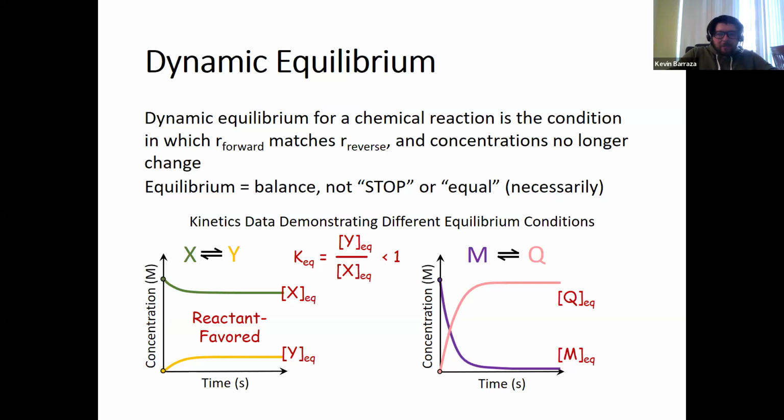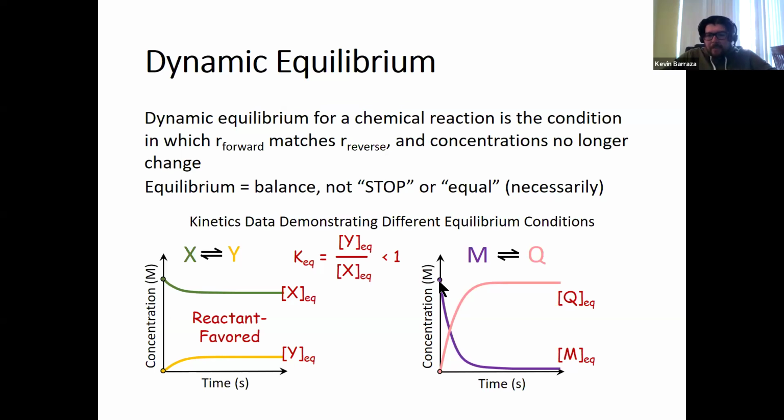Okay. What about the other graph? In this graph, what do we have? We have a situation where M is our reactant and Q is our product. We see that we've now used up almost all of our M and made almost all of our Q. So we're looking at our graph and we're looking at what is happening to the reactant and what is happening to the product. That's how we figure out whether it's reactant favored or not.